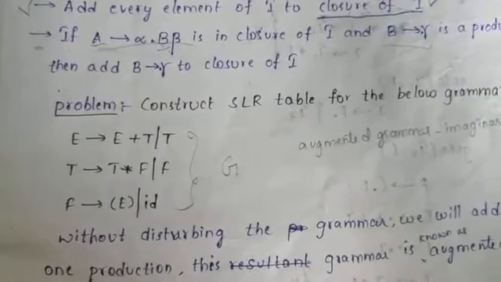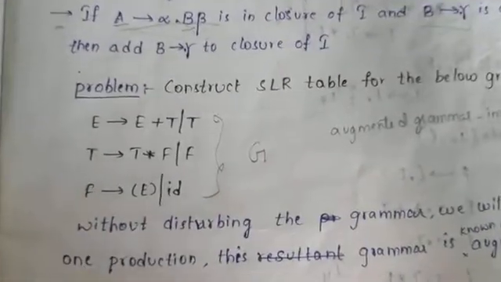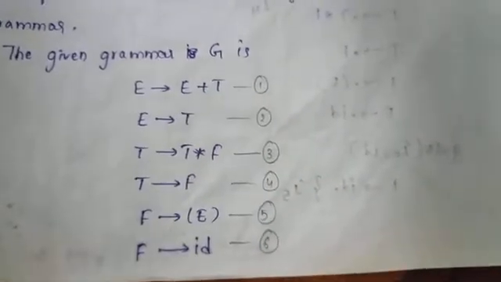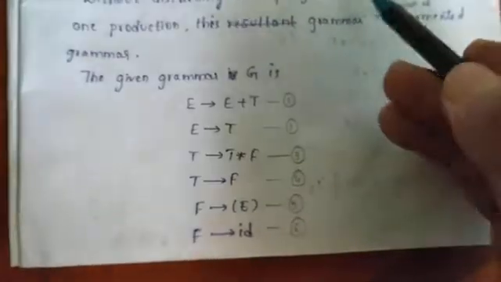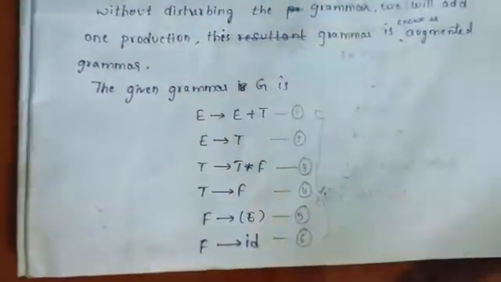These 3 productions divide into a total of 6 productions, and this entire thing is called G.